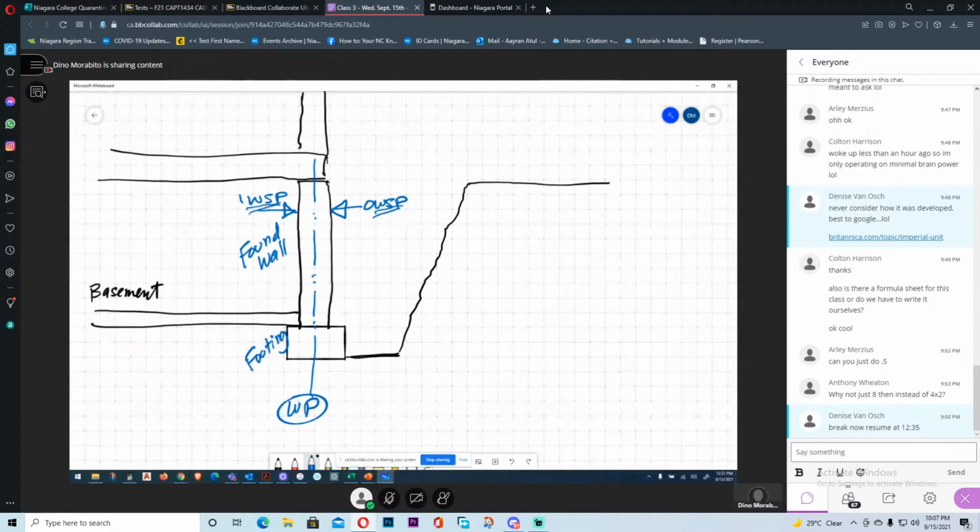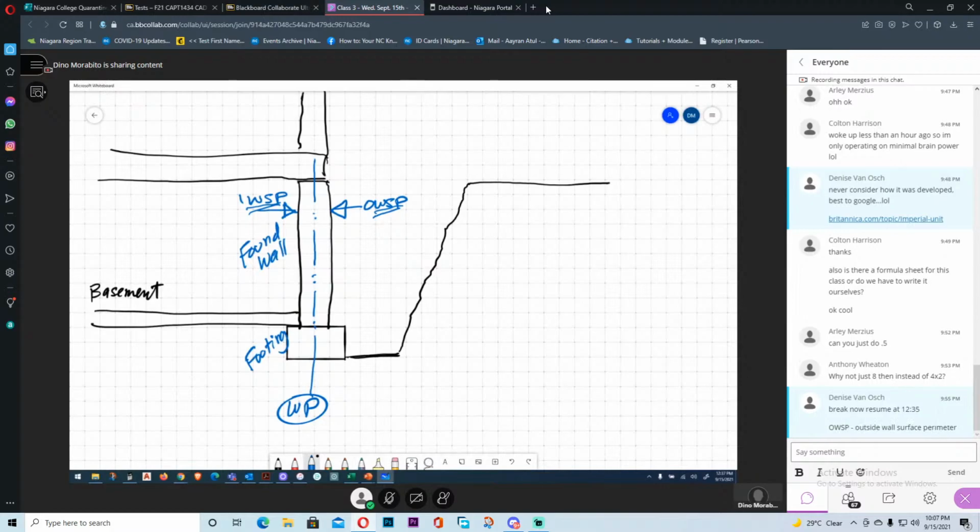It's the actual length of that wall. So these are numbers that we obtained by starting with our outside wall surface perimeter and then subtracted from there, because we kept moving in from that number.